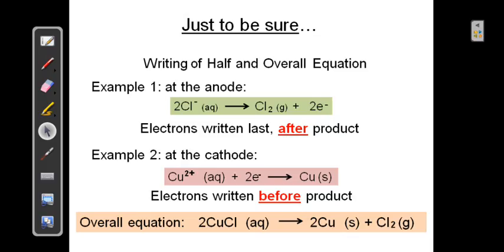Cl2 means 2 chlorine atoms, which come from 2 chloride ions, and the copper comes from 2 copper ions. So 2CuCl as the reactant will produce 2 copper atoms in solid, and a chlorine gas molecule.